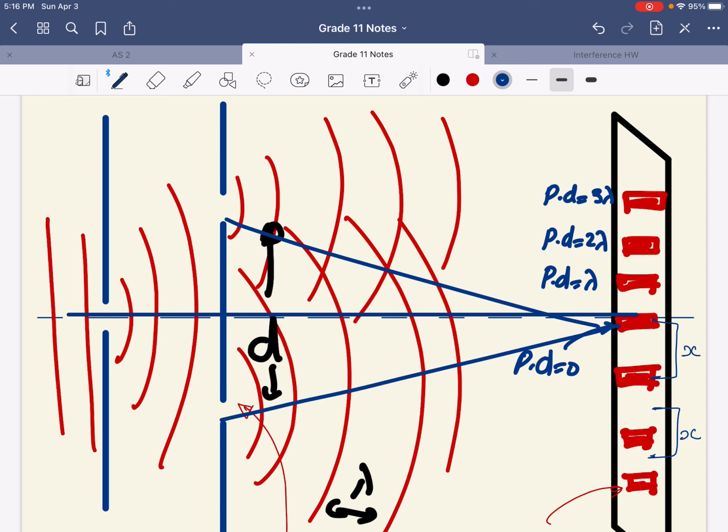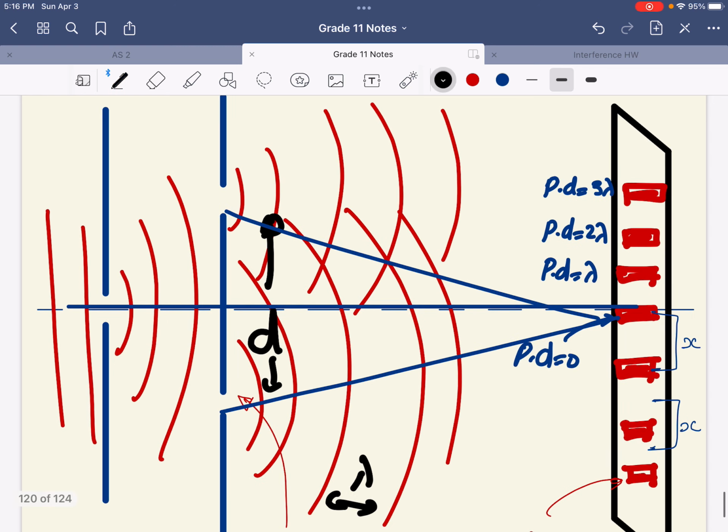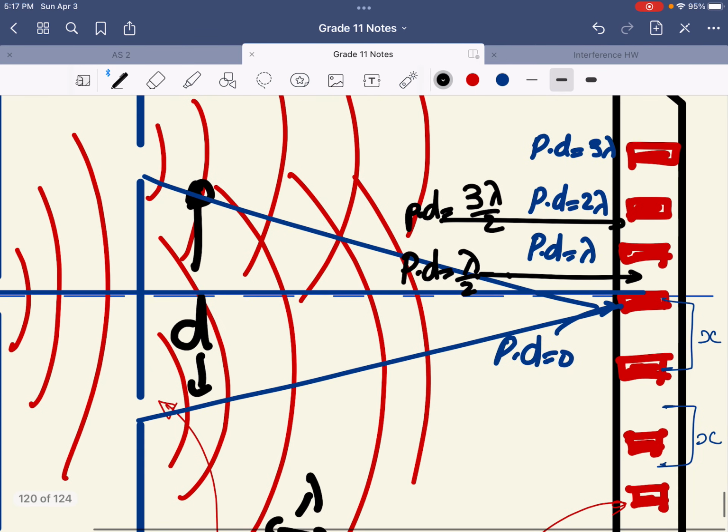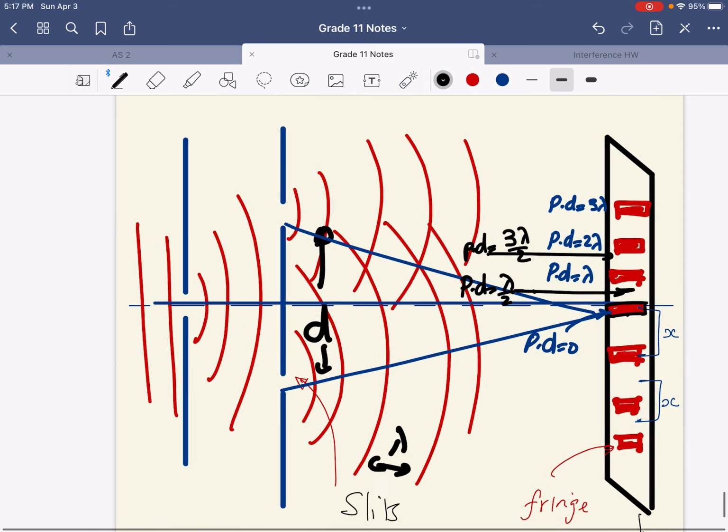You remember I told you 0, 1, 2, 3, 4. Those are constructive places. In between, this place is dark, so this is a path difference of half lambda. This one is 1.5 lambda, like that. Intensity wise, these are high intensity places and these are low intensity places.